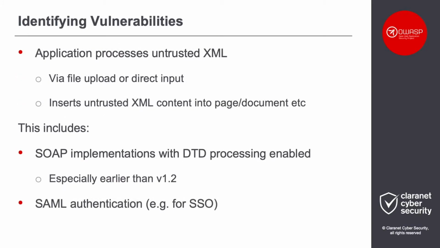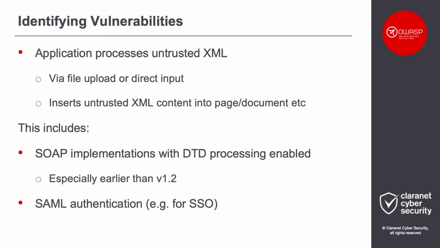So looking at how to identify such vulnerabilities, it's relatively simple given how much of a niche area it is. The first thing to look for is an application that processes untrusted XML. So that's XML that is provided by a user. This can be via file upload or direct input. So say you have a form where you want a user to add an XML document or upload one.